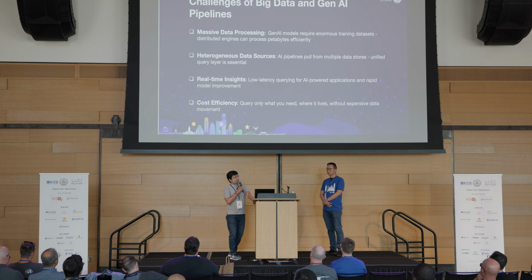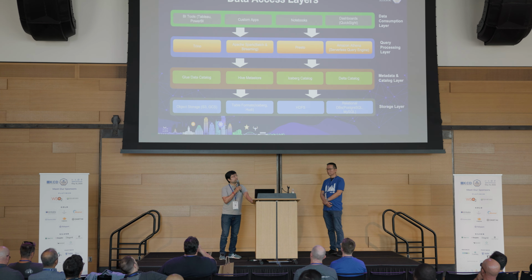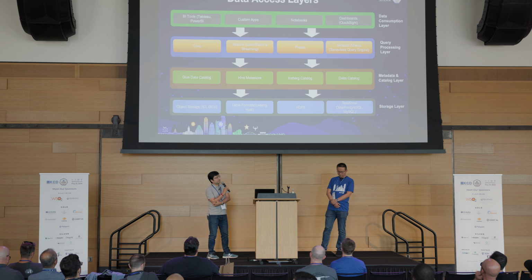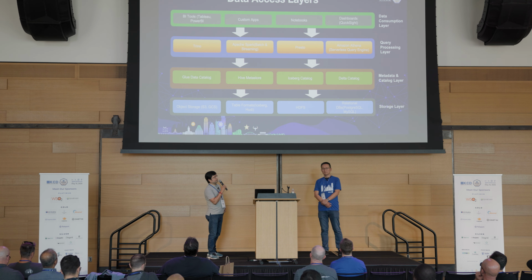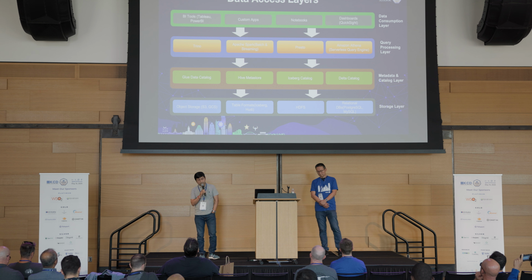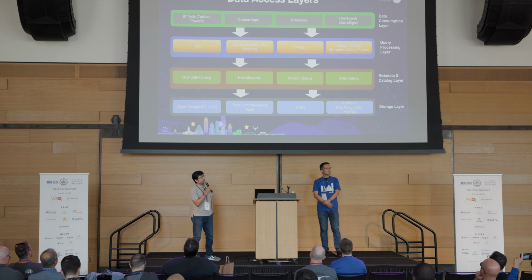So all of that brings me to this one, which shows the different data access layers. At the top of the chain sits the BI tools. So think about your Tableau, Power BI, or even your custom applications, or let's say QuickSight dashboards, right? So that is your caller that is accessing the data from the query engines.